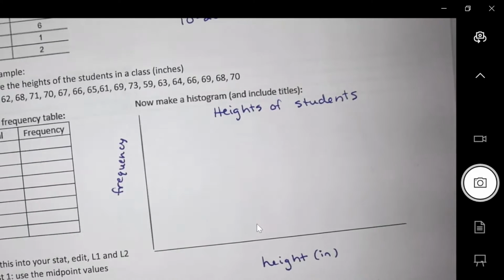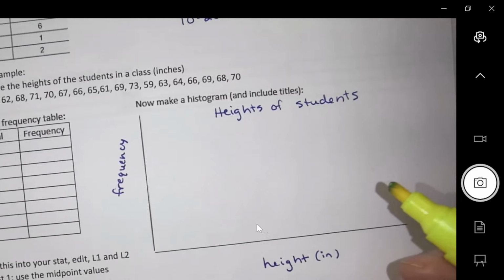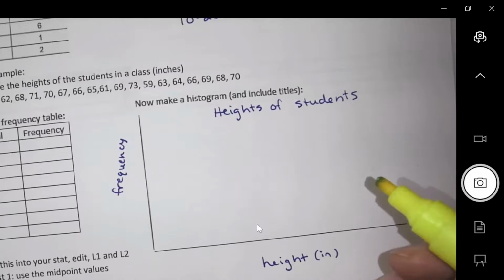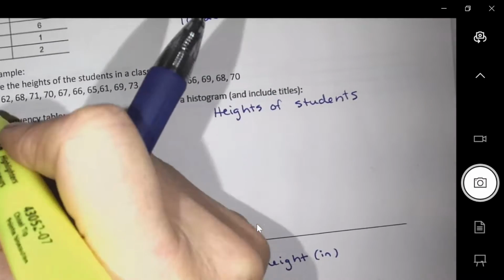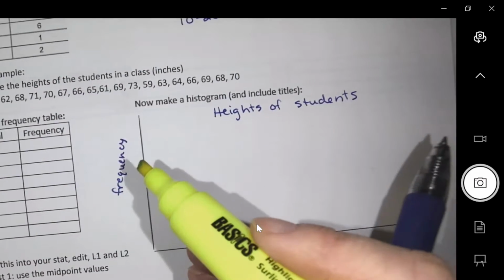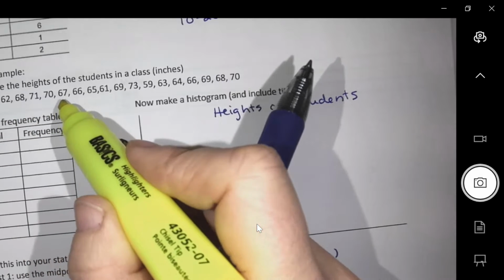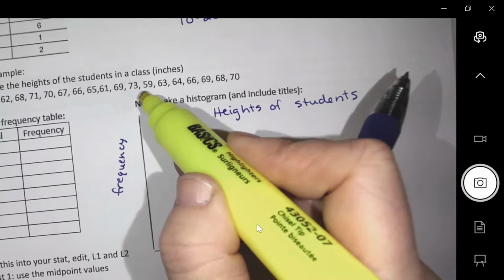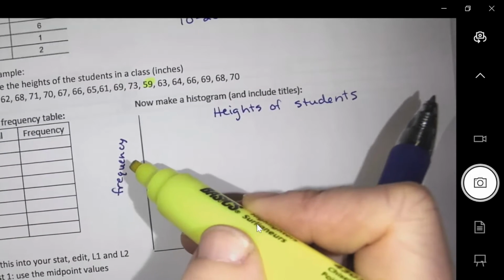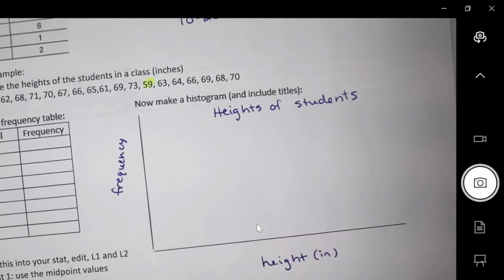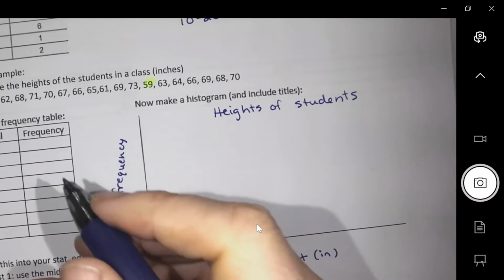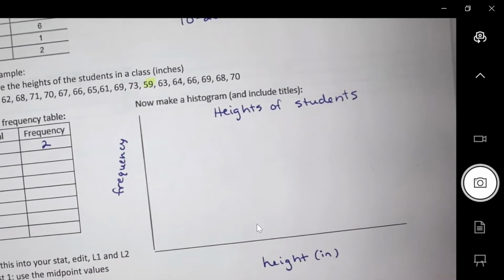So I'm going to get my highlighter out. 58, 59, and 60. How many of those do you see? I see a 60. A 59. Anybody else? 2? So 2.